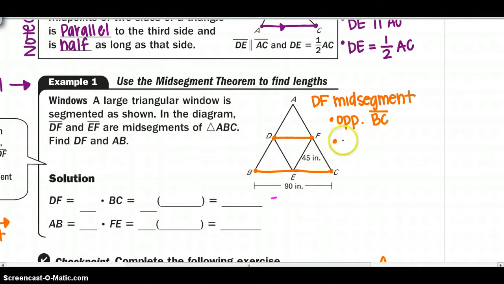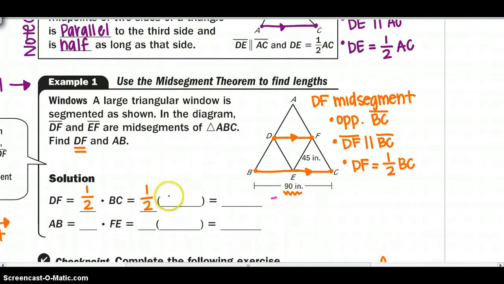We also know from Theorem 5.1 that DF is parallel to BC, and that DF, our mid-segment, is half as long as BC. Using that information, we want to find the length of DF. DF is half of BC, the side it won't ever touch. So DF equals 1/2 of 90, because BC is 90 inches. So we now know that DF is 45 inches.